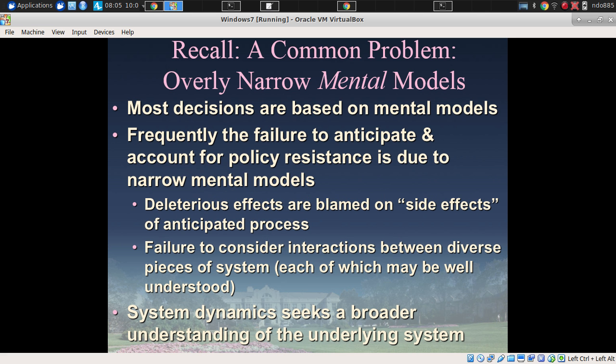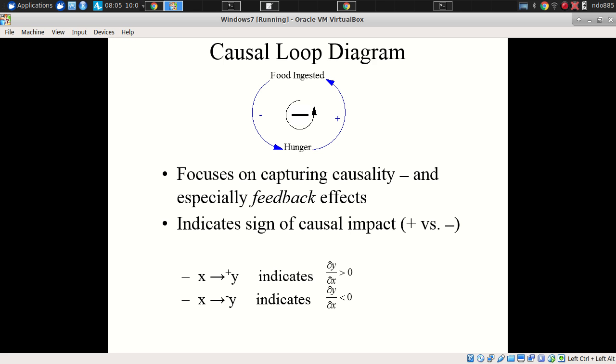They're designed to help us think through early on what factors are relevant, and then we will basically use a logical knife to cut away many features of them when we go into a quantitative model. So system dynamics does aspire to sort of a broader way of conceptualizing the system.